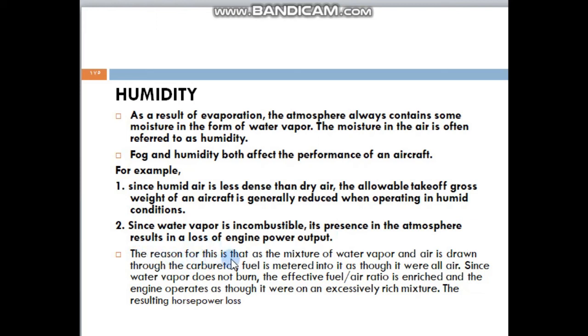The reason for this is that as a mixture of water vapor and air is drawn through a carburetor, fuel is metered into it as though it were all air. Since water vapor doesn't burn, the effective fuel to air ratio is enriched and the engine operates as though it were on an excessively rich mixture. The result is a horsepower loss.